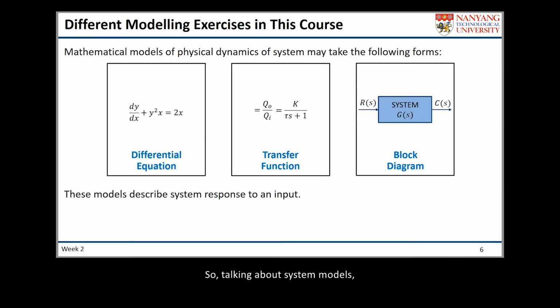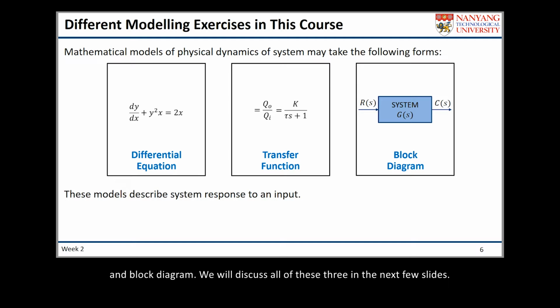Talking about system models, there are many mathematical models of a dynamic system in particular. But in this session, we will discuss only three different types of modeling: differential equation, which we touched on a bit in the previous session, and two other types, transfer function and block diagram.